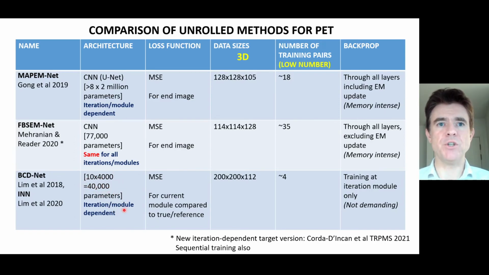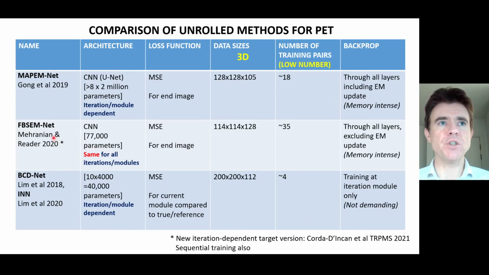But it'll depend on how many iterations you unroll as to how many parameters are involved. Again, 3D reconstruction, quite modest training data requirements, and the training was done at the module level only, and so no need to back propagate through the whole cascade of the network.